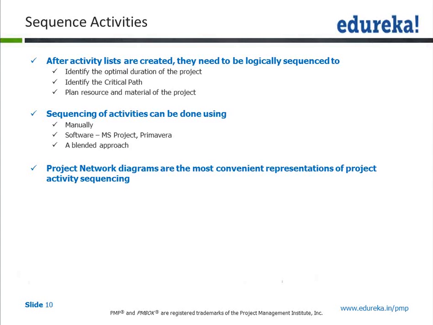In a construction project or in a manufacturing industry, there are projects where the number of activities can go to 100,000s. Is it possible for the project manager to monitor each and every activity in details?